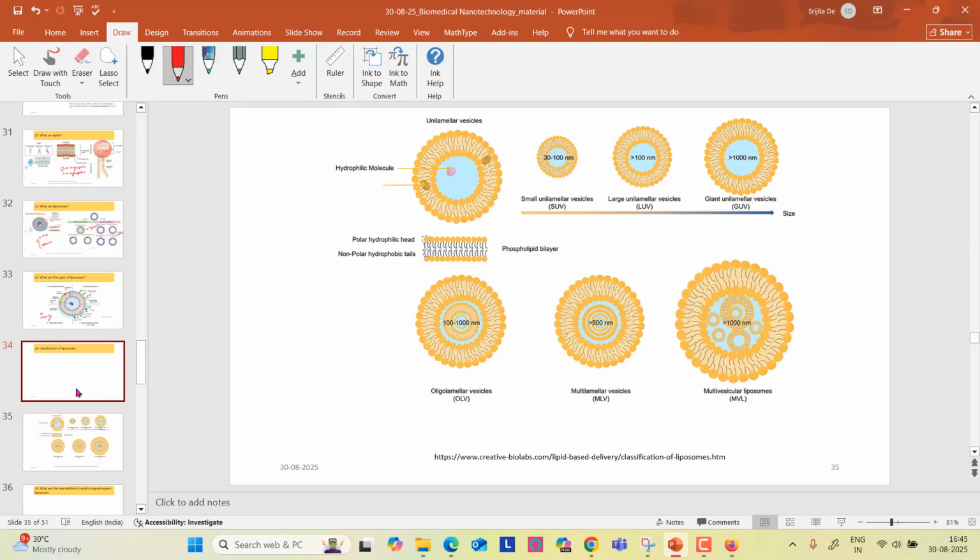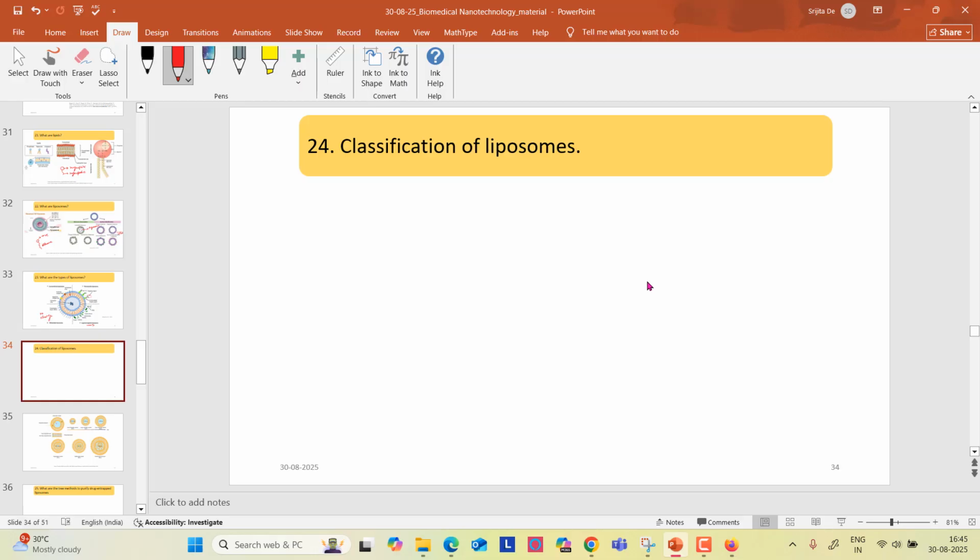multilamellar vesicles. So basically, the first one is the SUV, that is small unilamellar vesicles. Then comes the LUV, large unilamellar vesicles. Then comes GUV, giant unilamellar vesicles.